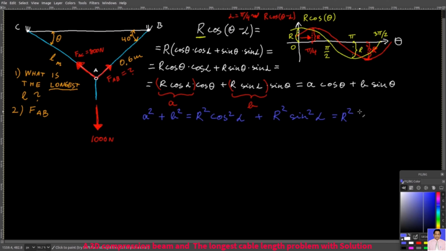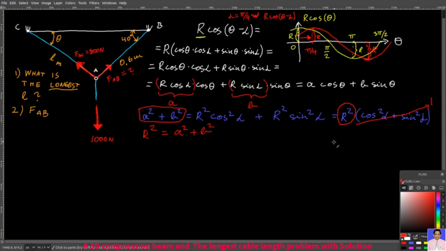I can factor out r squared, and I will have this expression, and there's another trigonometric identity that says that this one equals 1. It means that r squared equals a squared plus b squared. You can see it here. This one equals this one. And now I can say that r equals square root of a squared plus b squared.